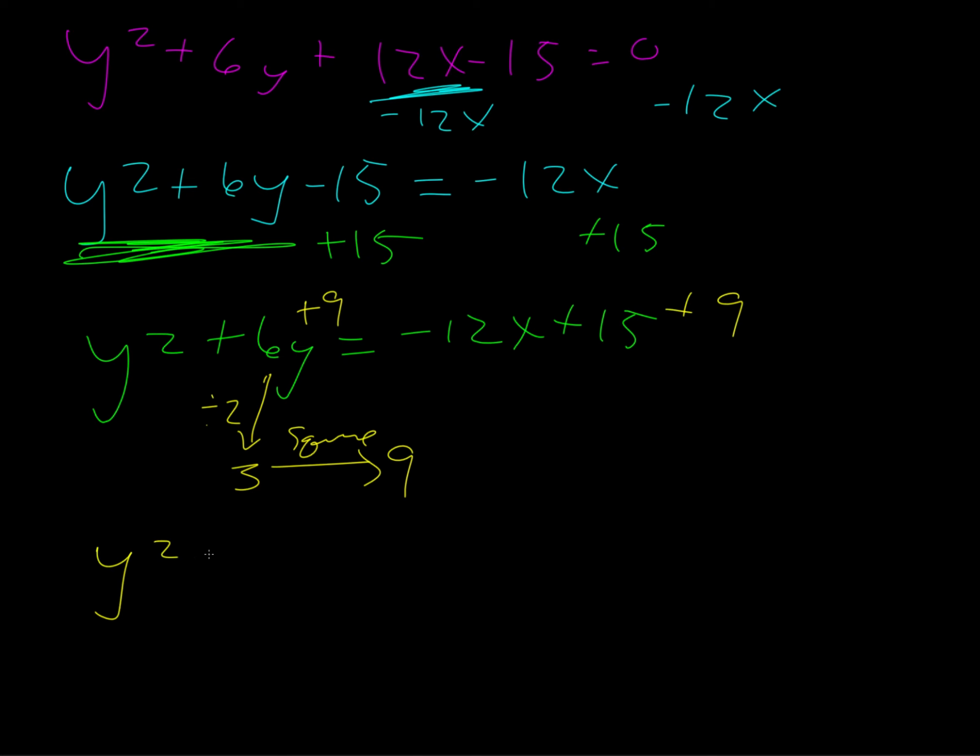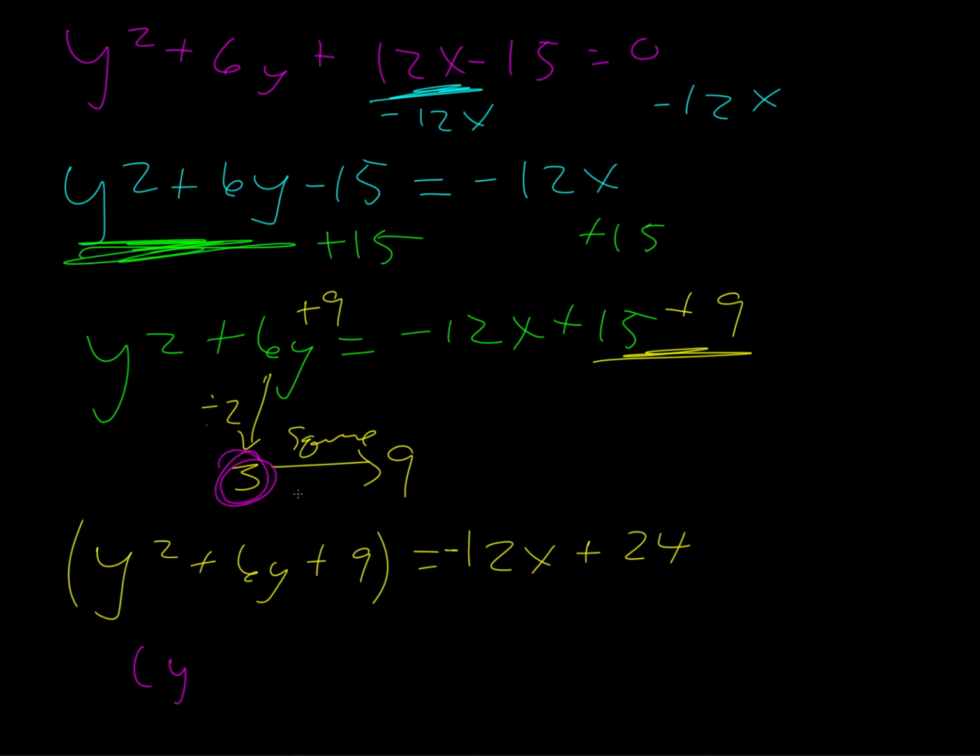And we get y squared plus 6y plus 9 equals 12x, and then if we add those together, we get 24. Sorry, it's negative 12x. Okay, then we do the magic step, y, and then the elbow, so plus 3 squared equals negative 12x plus 24.